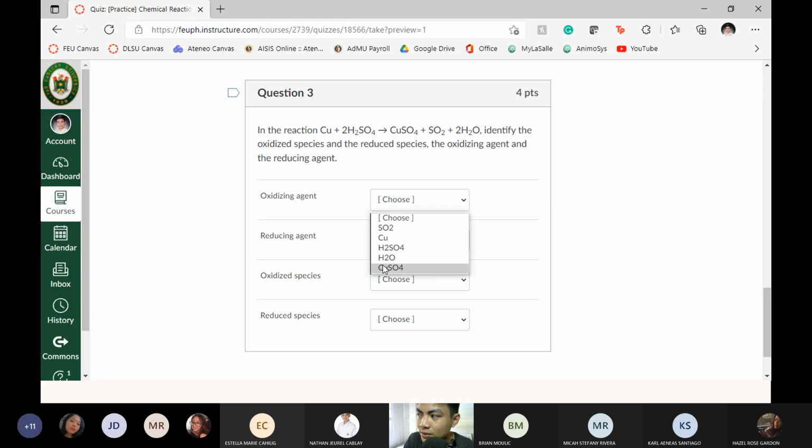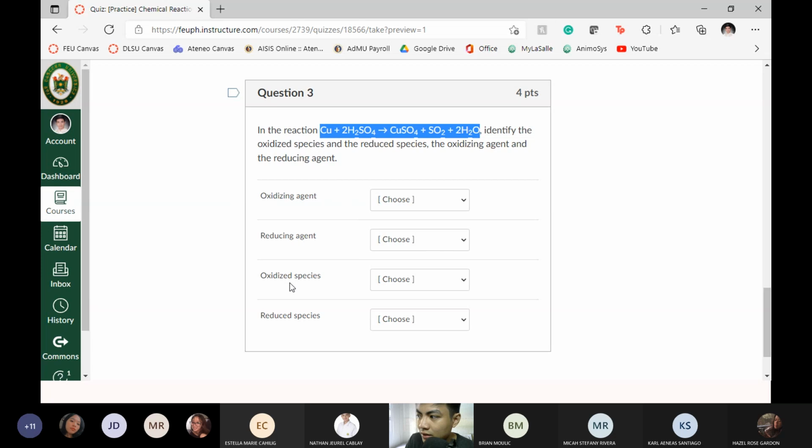In the 5 choices, eliminate the products, which are copper sulfate, water, and oxygen, and sulfur dioxide. So, your remaining choices are just copper and sulfuric acid. Use the rules that we discussed today to know the oxidation number of each element.